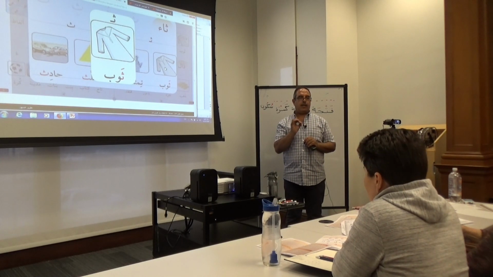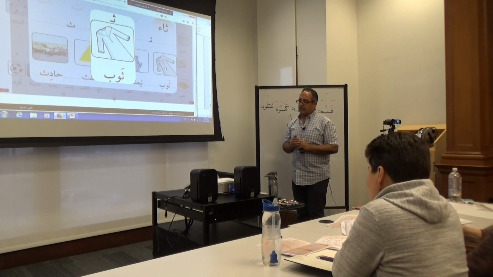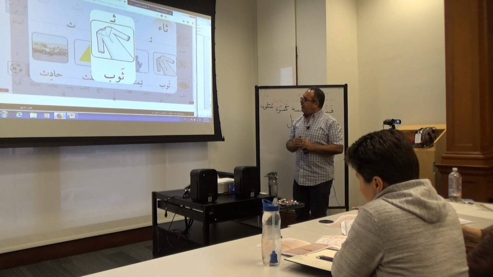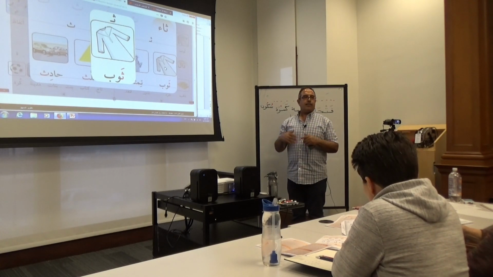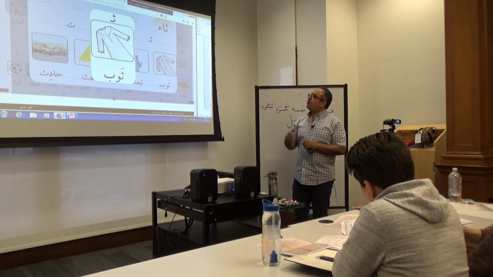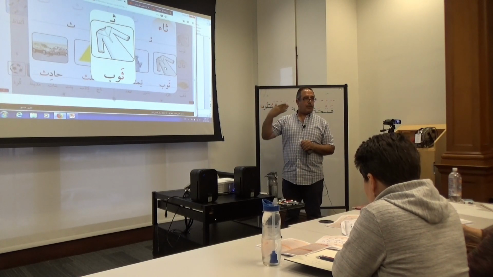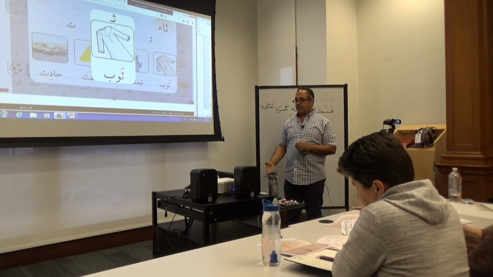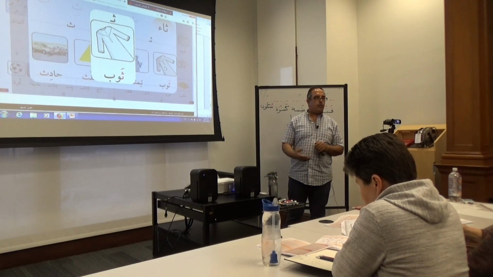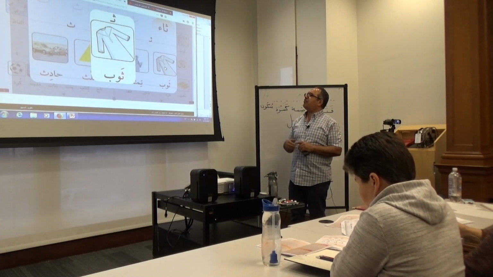We end it with the ba, thawb, yes. And thawb means a dress. Well, in the Middle East, we have dresses for men like that, like long dresses for men, and we call them thawb. And yeah, most likely for men.